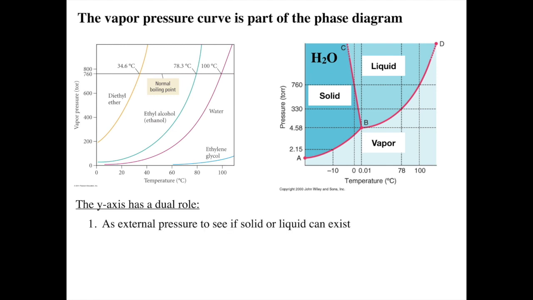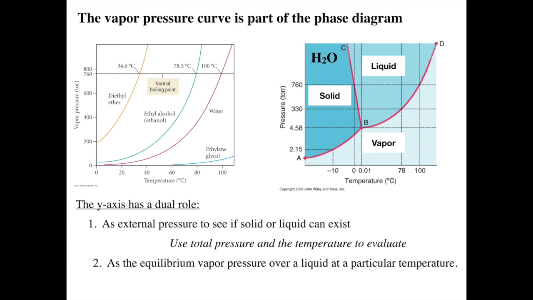In one application, when you're looking at the phase diagram, this pressure is the total external pressure that we use to determine whether the substance will be a solid or a liquid or a gas. And so this y-axis is the total external pressure, and you use that pressure and temperature and you evaluate using the phase diagram.